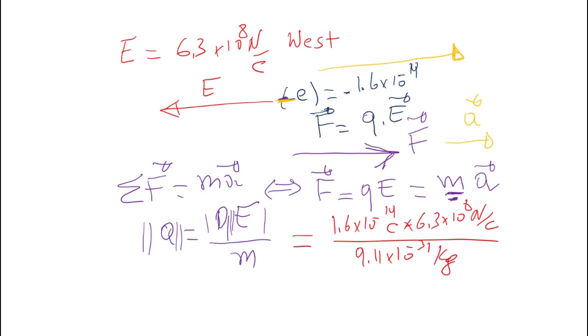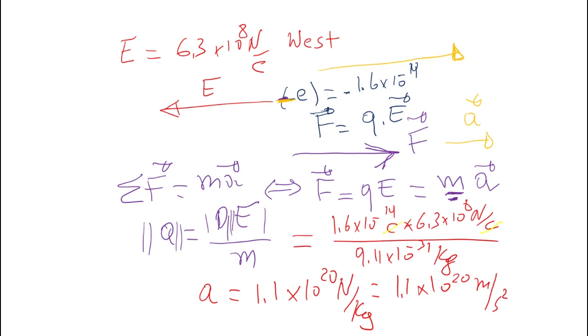Remember, the coulomb vanishes, and newton per kilogram is meter per second squared. So our acceleration will be approximately 1.1 times 10 to 20 newtons per kilogram, or 1.1 times 10 to 20 meters per second squared.